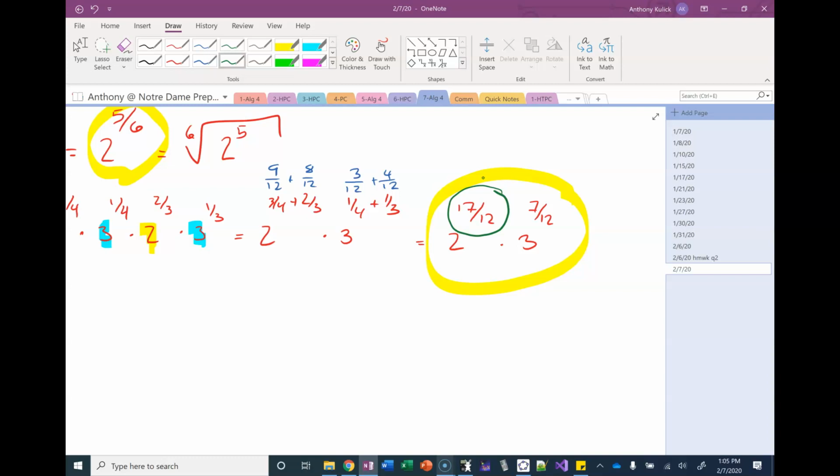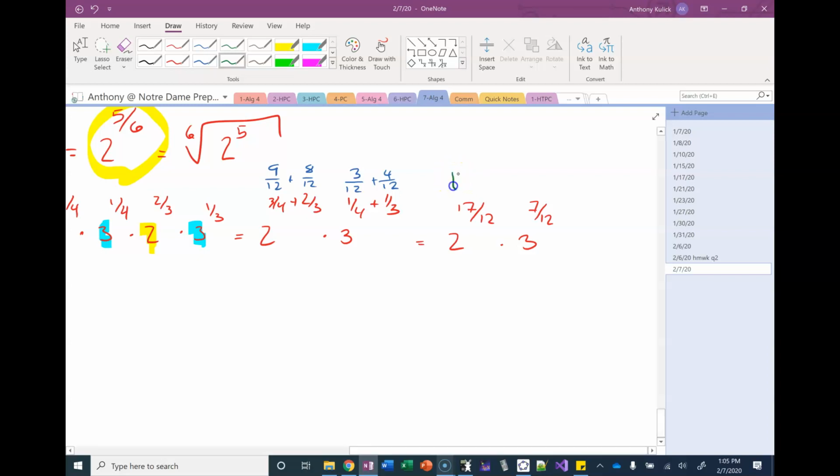Let me show you how we can stay in exponential form and reduce the radical here. The thing to remember is that the improper fraction in the exponent indicates to us an unreduced radical. So all I'm going to do here is rewrite 17/12 as a mixed number. How would I rewrite 17/12 as a mixed number?